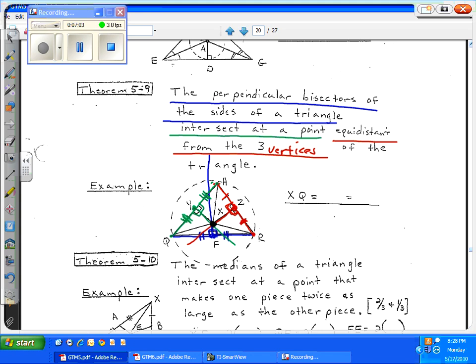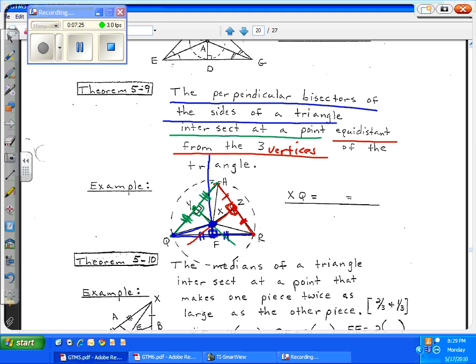at that point. The perpendicular bisectors of the sides of a triangle intersect at a point, meaning they are concurrent at a point that is equidistant from the three vertices. Now, the distance that that point is from the vertex Q is segment XQ.